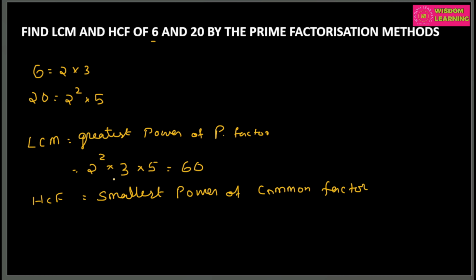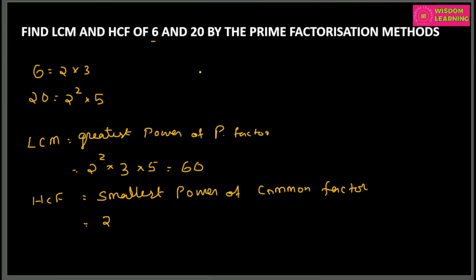That is the difference. The LCM is the greatest power of all prime factors, but HCF is the smallest power of the common factors. Here, which is the common factor? There is only one common factor, that is 2. So the answer is 2.